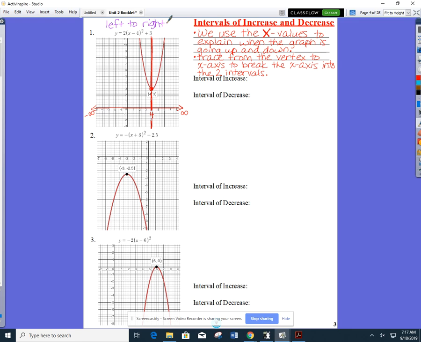But if you read the graph from left to right, it's a little bit different. Your very first point that you would hit is right here. So if you traced along this line, you'd be moving downward. And since that's moving down, that's going to be your interval of decrease.